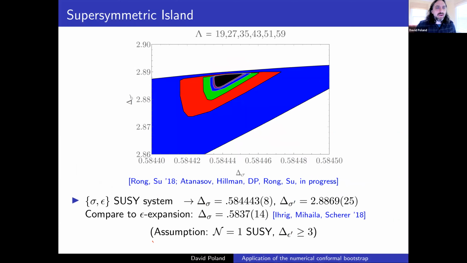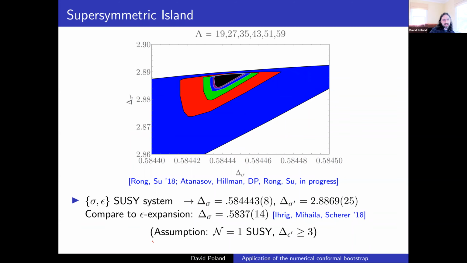Just to show you, this is also a theory where we can compute a precise bootstrap island. Here you don't actually need the external fermions, because supersymmetry tells you that the correlation functions of the fermions are related to those of the scalars in the same supersymmetry multiplet.